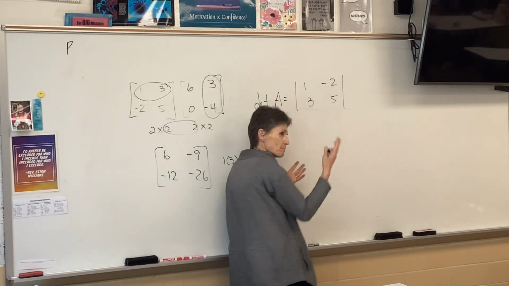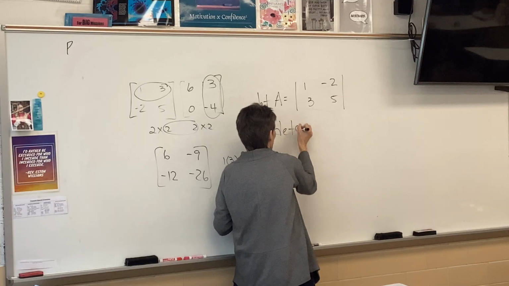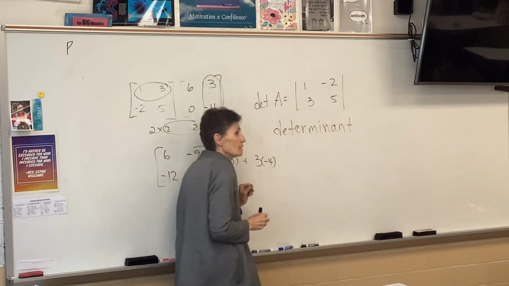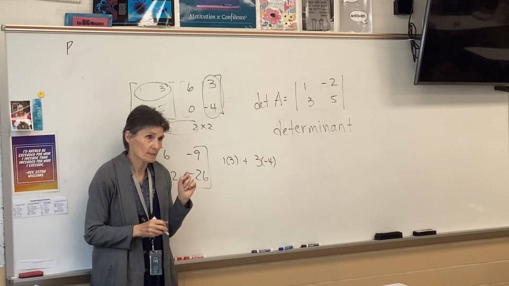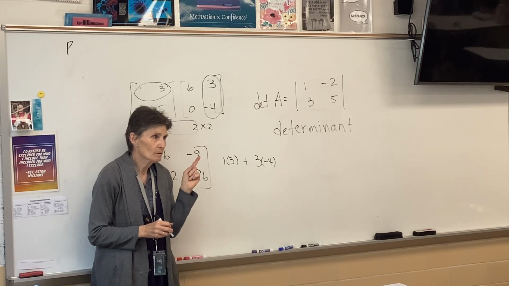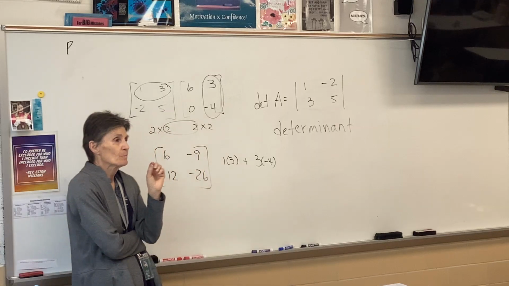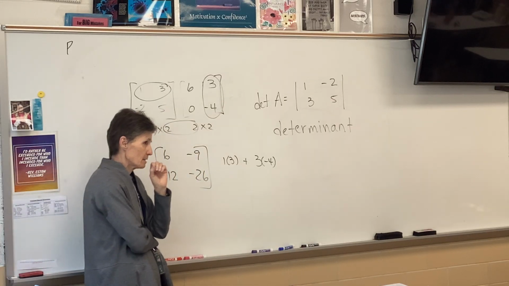Straight lines that look like absolute value, that's the notation for what we call the determinant. Every square matrix, it's gotta be square. What else has to be square? Trace. Trace and determinant have to be square. Every square matrix has what's called a determinant.